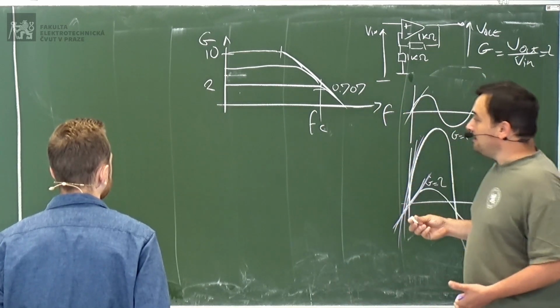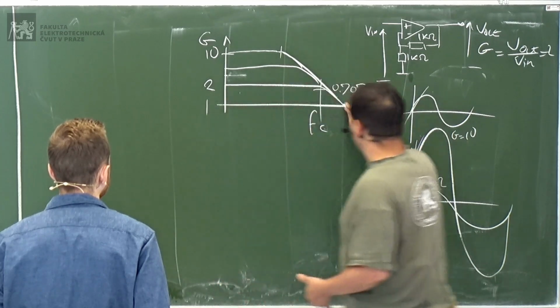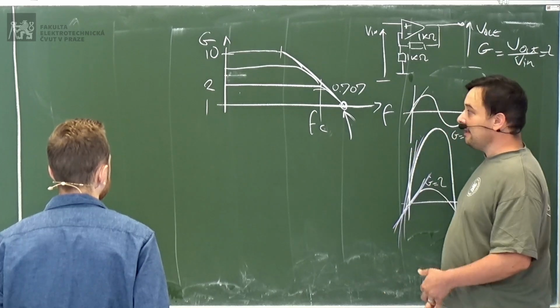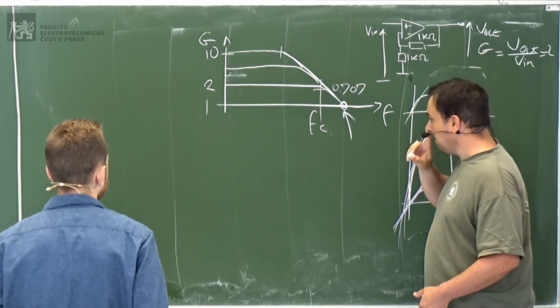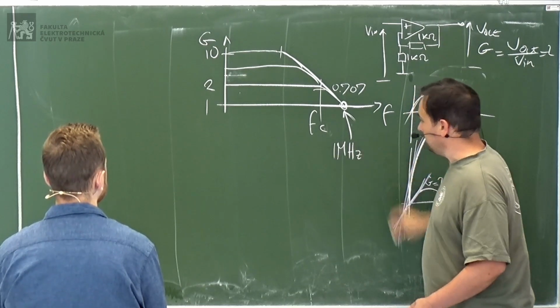What does it mean? It means that, let's say that this is 1. In the data sheet, they typically give you this point, okay? They tell you that with a gain of 1, you have, I don't know, for instance, 1 megahertz, okay?